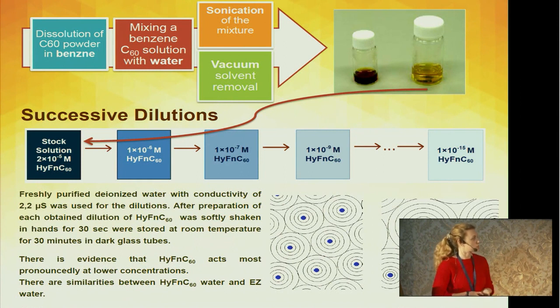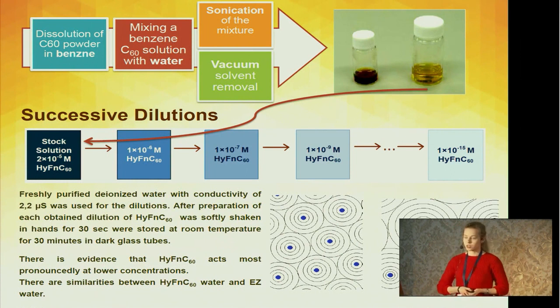The next thing we do is carry out successive dilutions that allow us to obtain the concentrations that we work with. At first we take the stock solution, then we dilute it 5-fold, then 10-fold, then 100-fold, and so on until we get the concentrations we need.